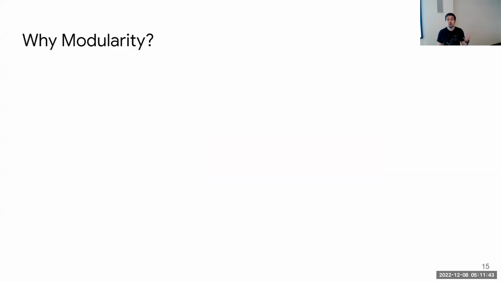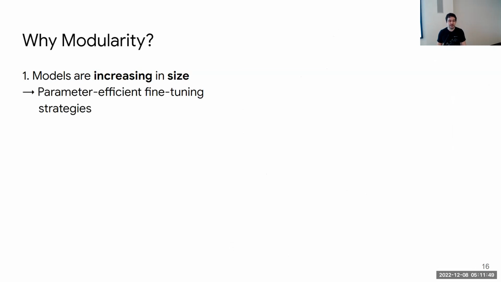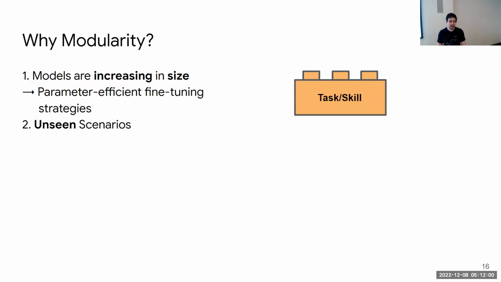So in practice, modularity can have a number of benefits. In particular, as I already mentioned, given that these models have been increasing in size, it can allow us to perform these parameter-efficient fine-tuning strategies. It can also allow us to generalize to scenarios that we haven't seen during training.